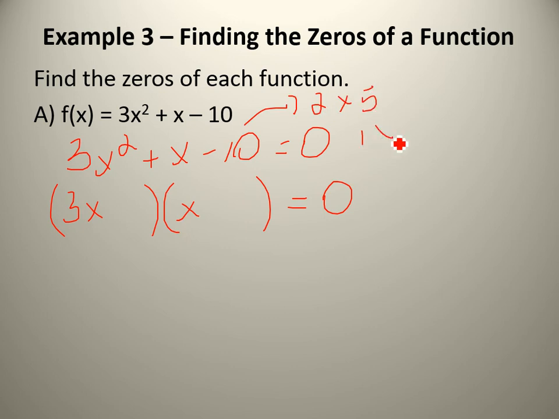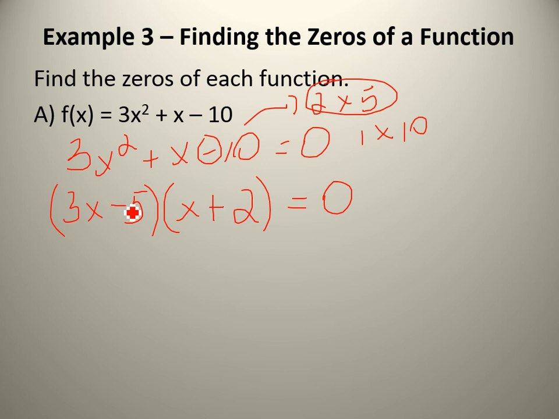You got 1 times 10. I'm going to try 2 and 5 first, since that's the pair that's closest together. So when I put the values in here, I'm going to put the 2 here, I'm going to put the 5 here. And notice because it's a negative 10, the signs have to be different. So because it's positive in the middle, I'm going to put the plus here, and I'm going to put the minus here.